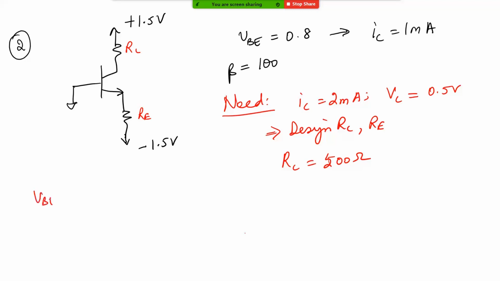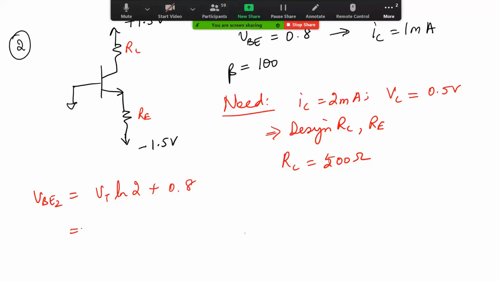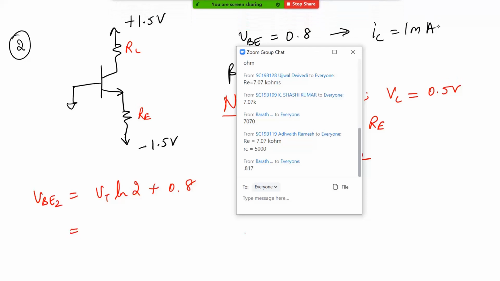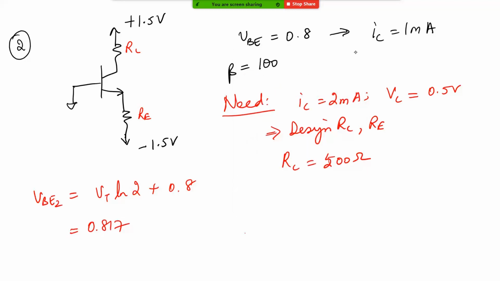You can find out VBE2 to be equal to what? VT natural logarithm of 2 plus 0.8. What do you get here? 0.817. Very good.